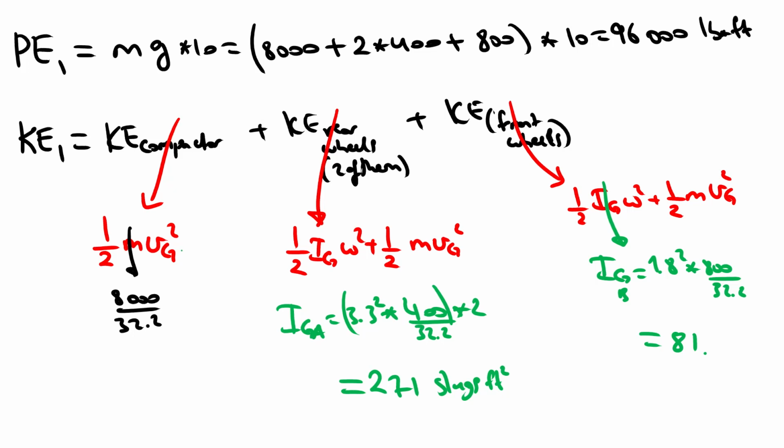But the question is that we need to relate these velocities and then omegas to this velocity here. We have to relate them. Okay, and then let's do that. So the Vg value, as always, is omega times Rg.